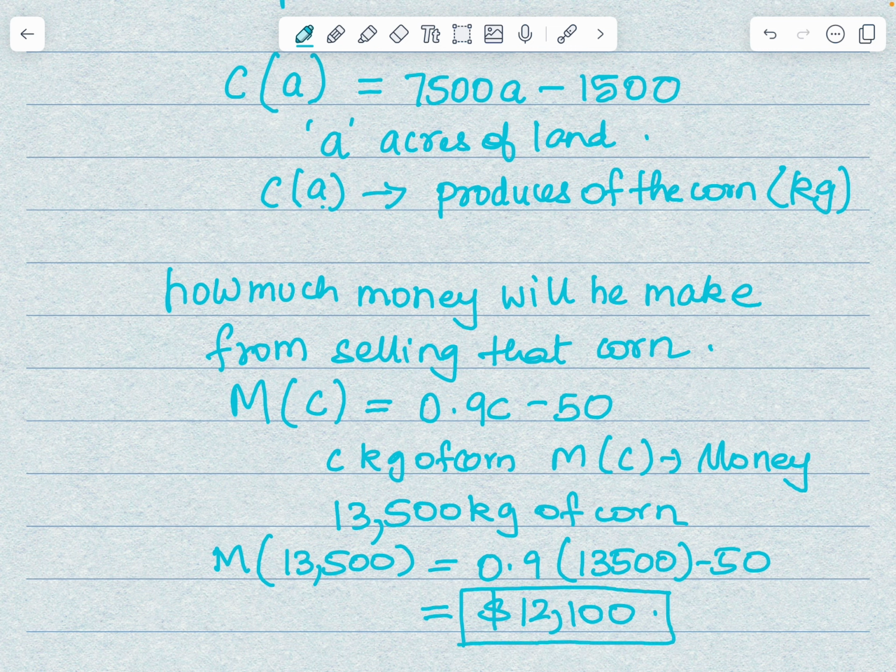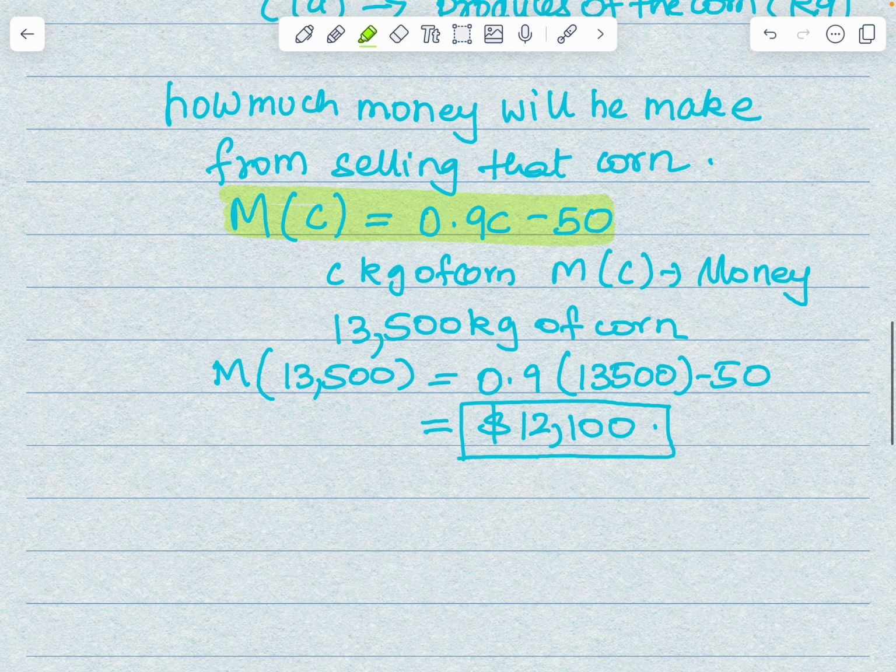Now, you notice that to do this, he used two different functions. He used this function and then he used this function. Now, if somehow he had a way to just use one function, so that he did not have to do the two things.